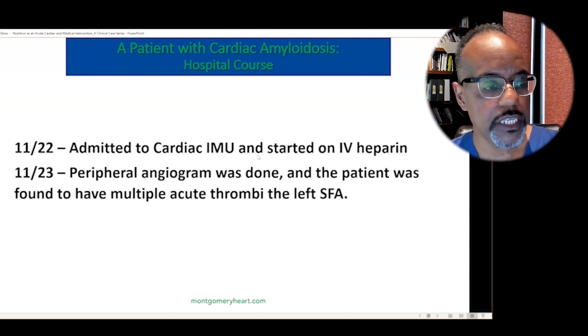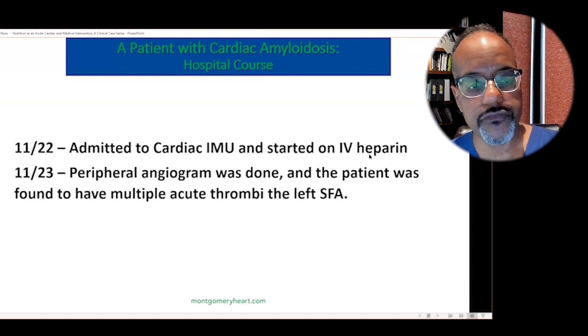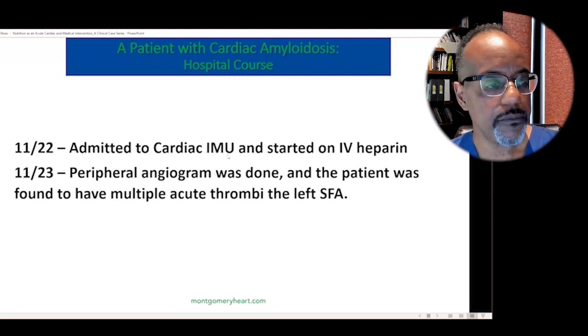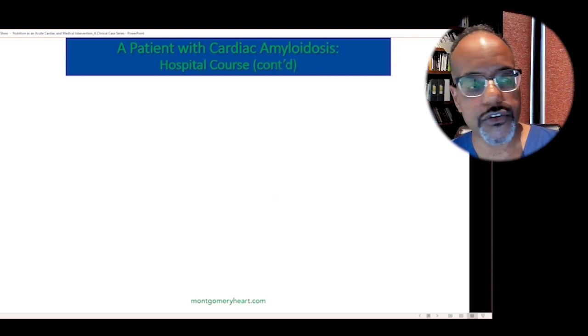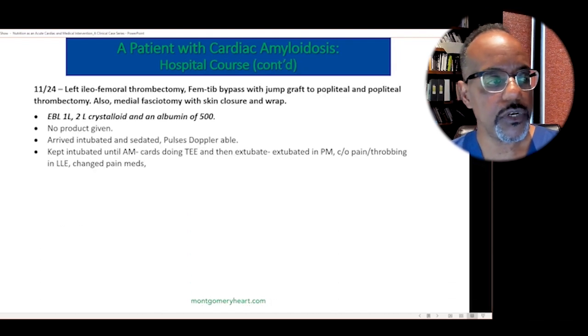So on the 22nd, he was admitted to the IMU, started on intravenous heparin. I called my interventional cardiology colleagues. A peripheral angiogram was done, and he was found to have multiple acute thrombi and, of course, an occlusion in the SFA, superficial femoral artery. Based on that angiogram, we decided to call the surgeons, and he was sent for an emergency surgical thrombectomy.